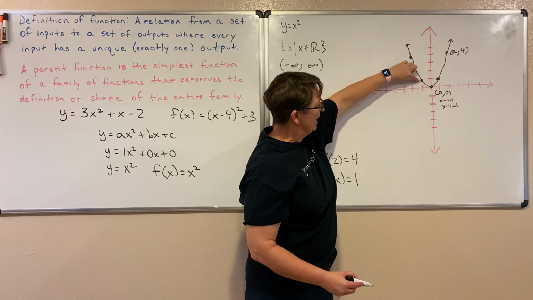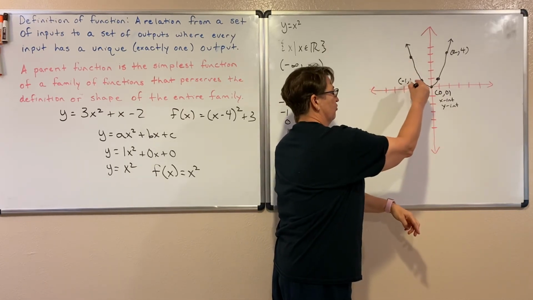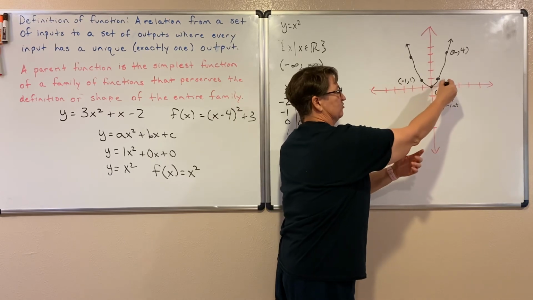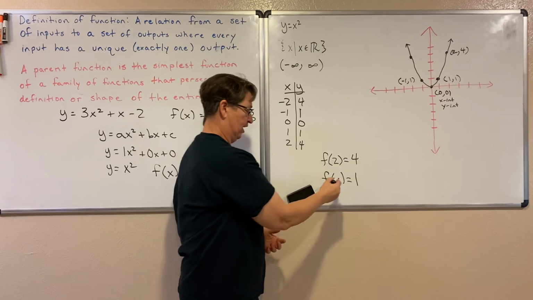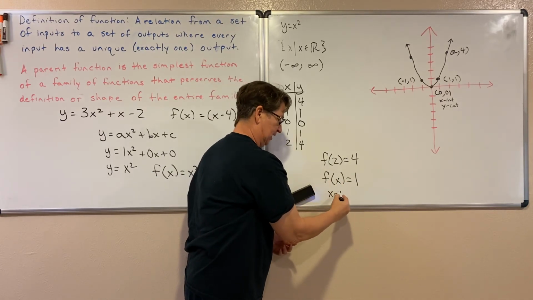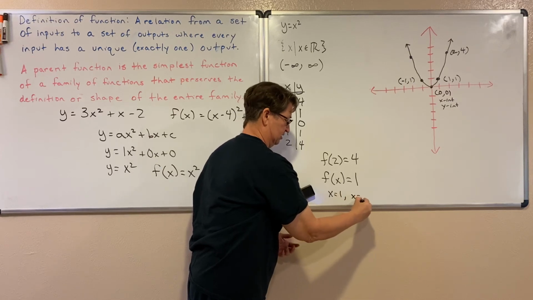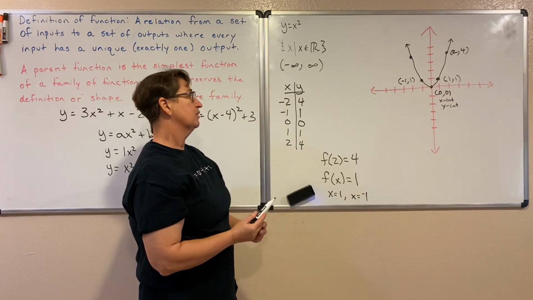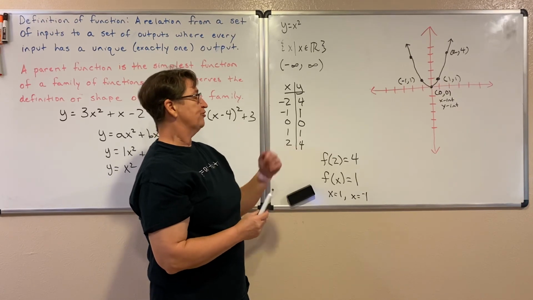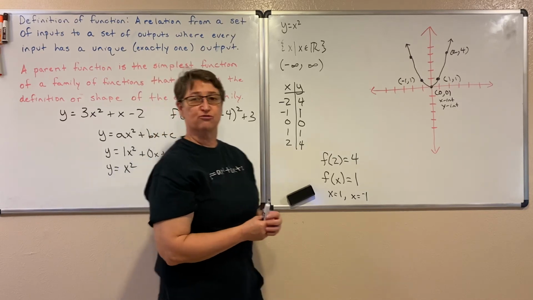So my x is either -1 or my x is 1. So there's 2 different values there for when my output is 1. So there's the quadratic function. So when we graph our parent, we're just going to use those 5 points.